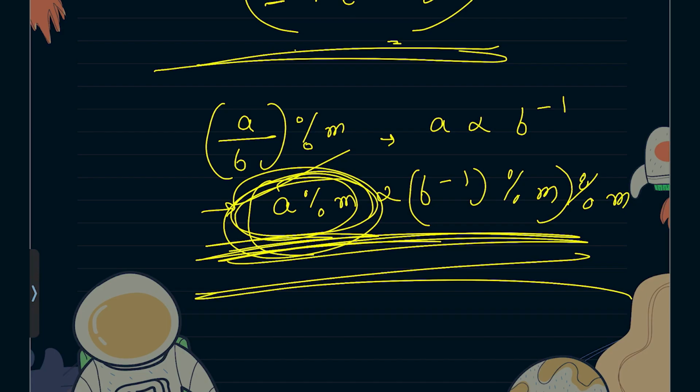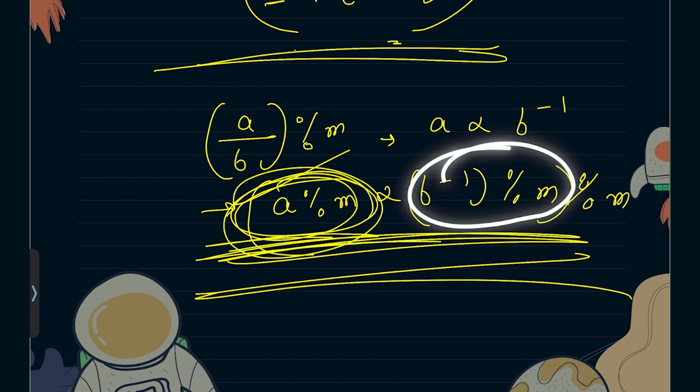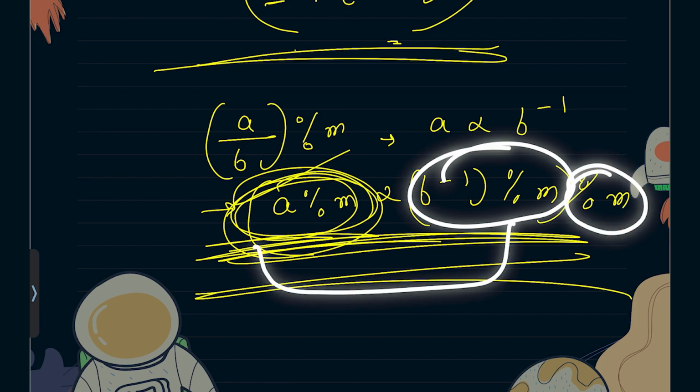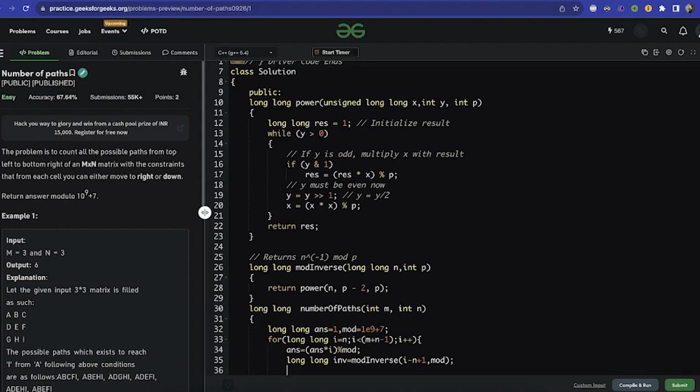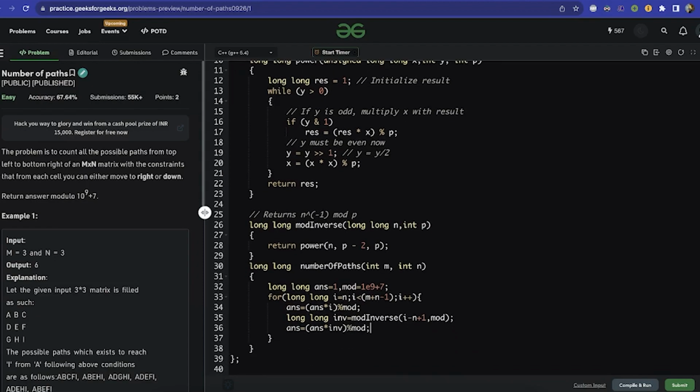And then after we have this, we would multiply both of them with a modulo. So answer equals answer multiplied by inv and then whole modulo mod. Modulo was needed here also, but we are using long to reduce the hard work. Okay, and then we would simply return the value of answer.